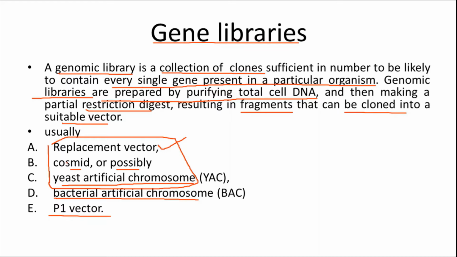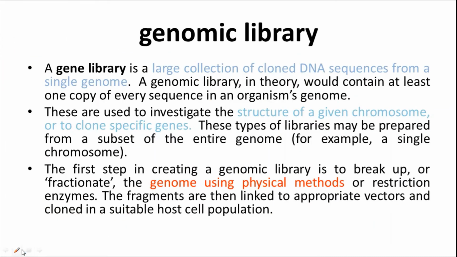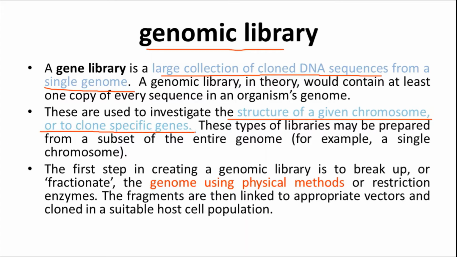One more thing I tell you about the genomic library: it is a large collection of cloned DNA sequences from a single genome, and the structure of the given chromosome is cloned to specific genes. Maybe the entire chromosome of the eukaryotic genome may be cloned by using the corresponding vector.